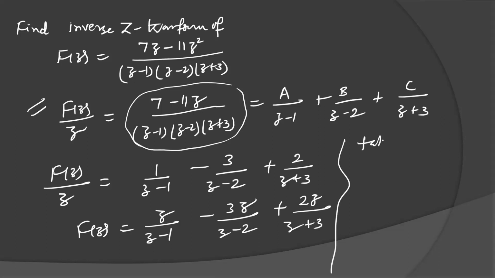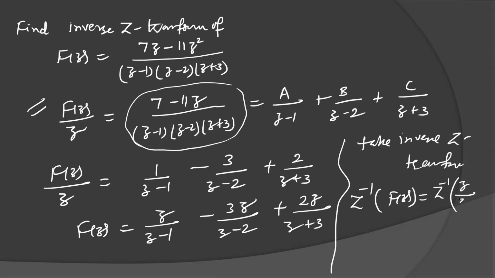Take inverse Z transformation both the sides. So Z inverse of F(z) equals Z inverse of z over z minus 1, minus Z inverse of 3z over z minus 2, plus Z inverse of 2z over z plus 3. Now you can take constants outside.